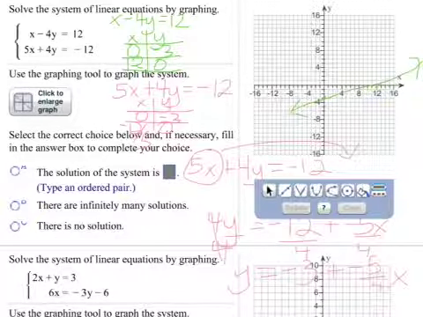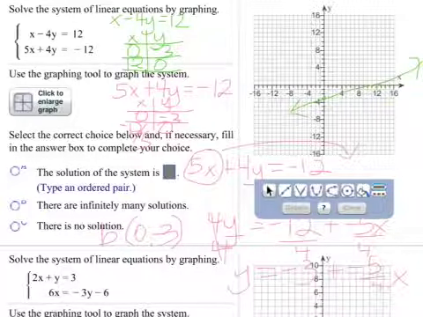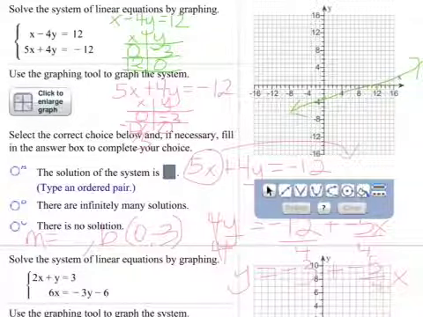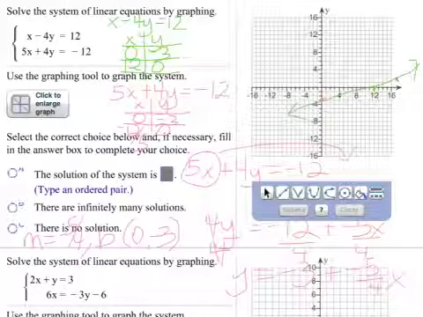So I know my y-intercept is 0, negative 3. That's my b. And I know my slope, my m, is negative 5 over 4. So I'll use that to graph my line. So remember, we'll start on the y-intercept at 0, negative 3.